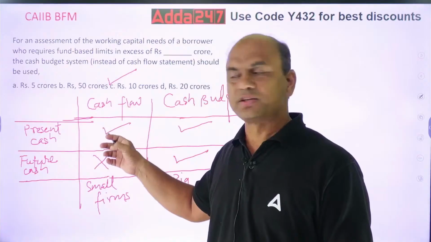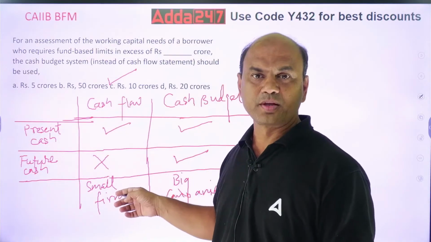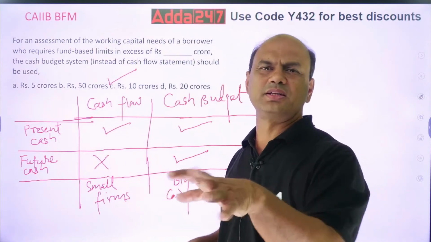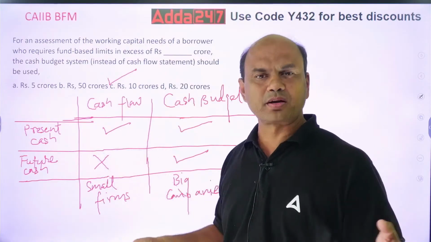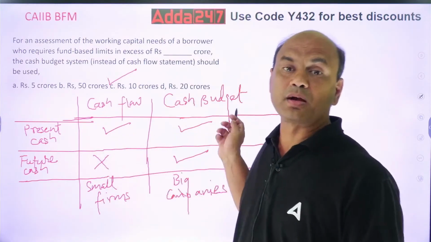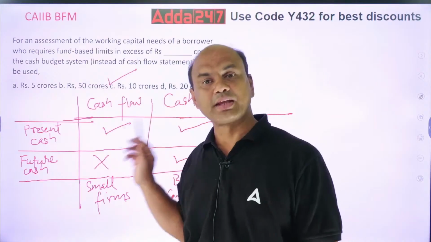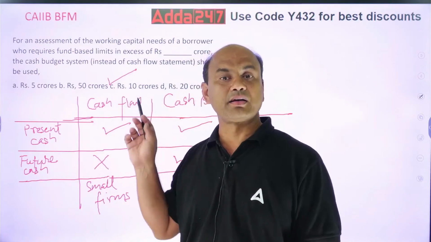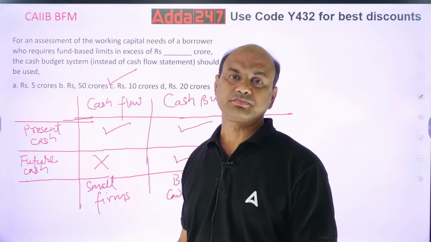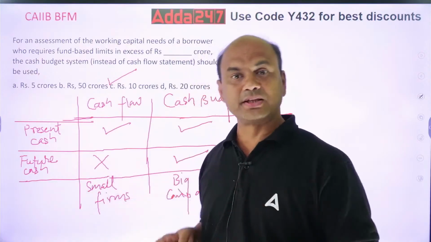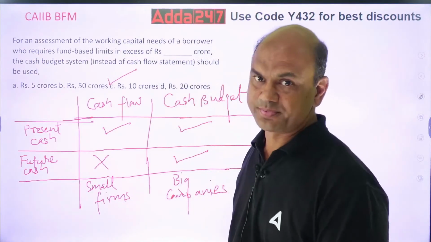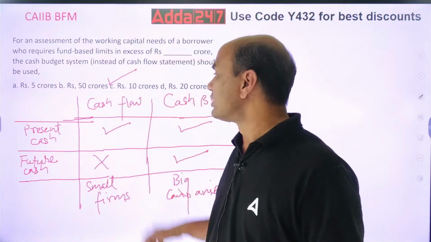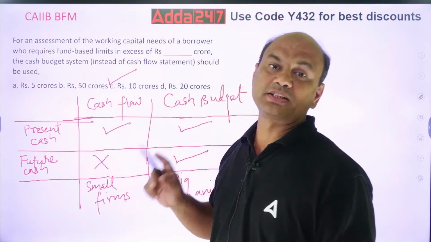Small industries use cash flow. Small means the small shopkeeper, cash flow. Big companies, Amazon, Tata, cash budget. Mid-sized companies, ratio analysis.